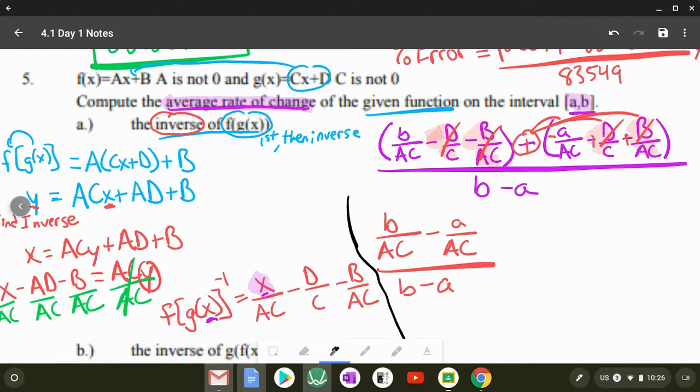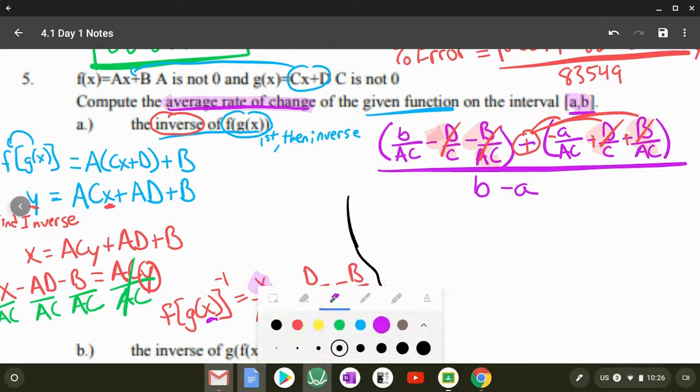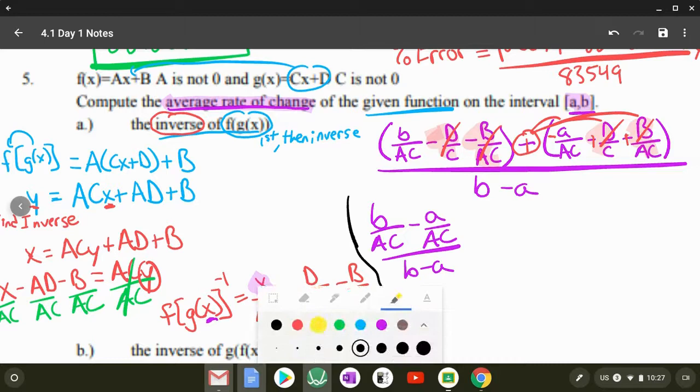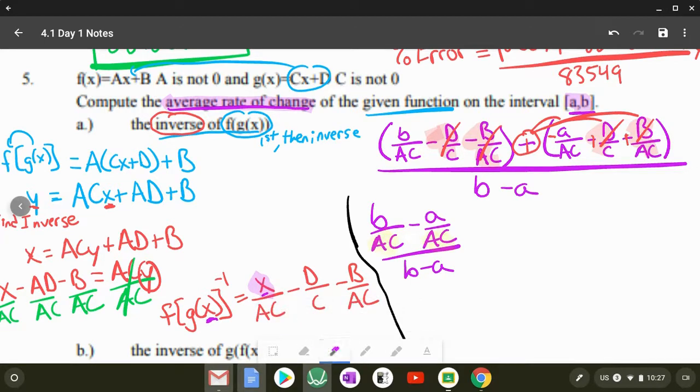Now let's put this back in purple. We have b over ac minus a over ac over b minus a. Well, we have some common denominators here, which is going to help us simplify in the numerator. And remember that when you are dividing a fraction by another fraction, you can rewrite it as multiplying by the reciprocal.